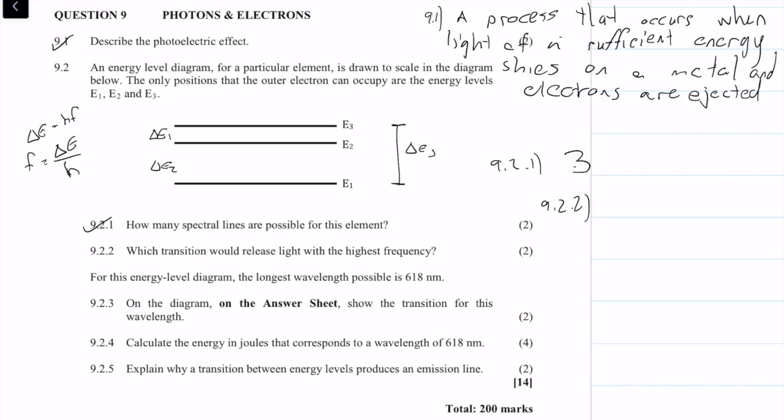We're looking for the highest change in energy, which is change in E3, because change in E3 equals change in E1 plus change in E2. So the highest frequency comes out when there's the highest change in energy, so that would be from energy level 3 to E1. For that we get 2 marks as well.